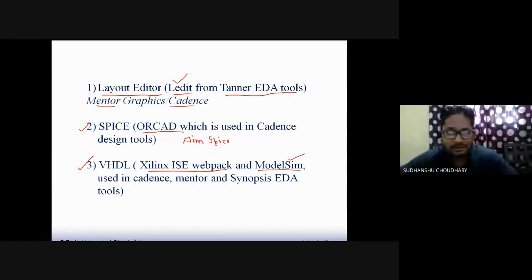Earlier they had to be downloaded separately and then interfaced. But now things have improved, and Xilinx has come up with a pack where a simulator of this kind, like ModelSim, is already integrated. That simulator is now called iSim.